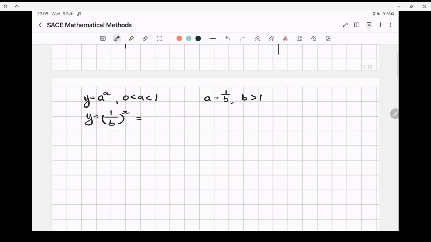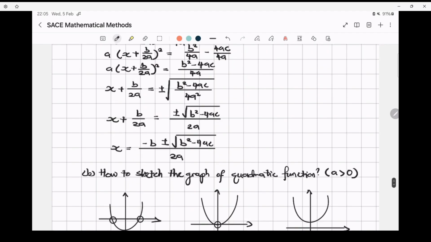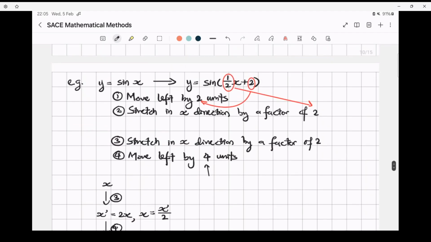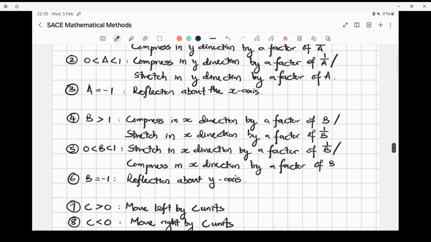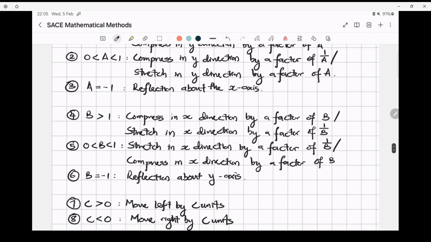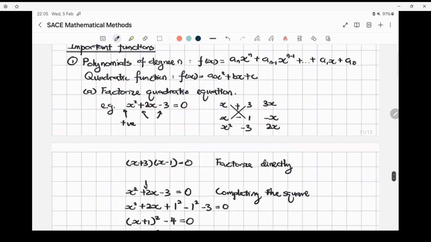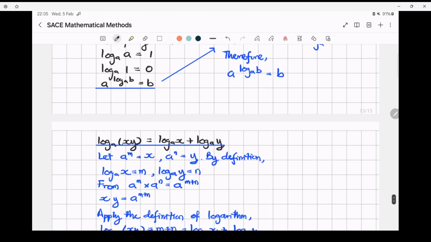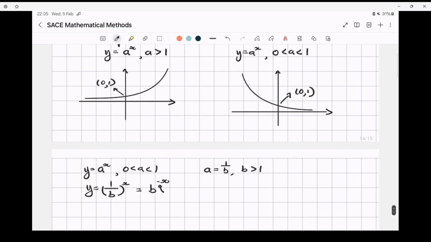So this will be equal to b to the power of minus x by using the index law. And this particular negative sign is what we have studied in function transformation, when b is minus 1, number 6, which is a reflection about the y-axis. So that's why when a is between 0 and 1, basically it is a reflection on your y-axis. So that's the reason.